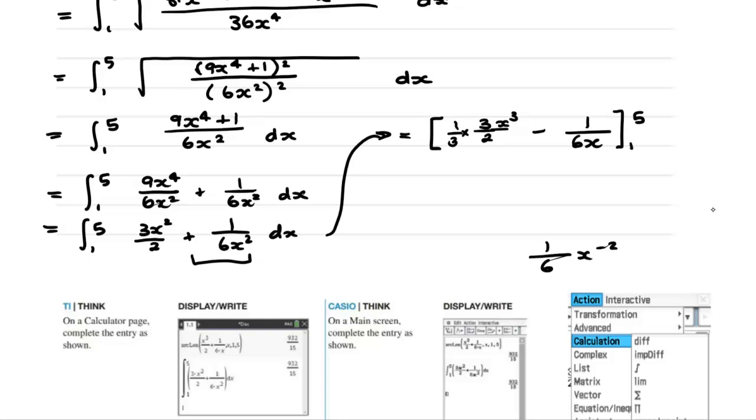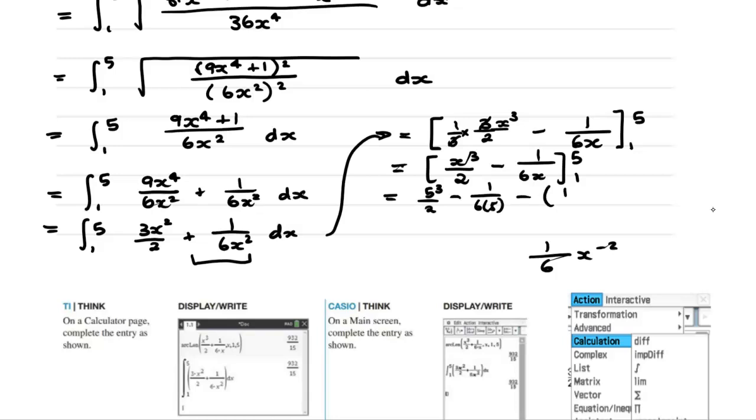So, simplifying things down a bit before we substitute, x cubed over 2 minus 1 over 6x. Now we're going to sub in that 5 and that 1. So that would become 5 to the power of 3 on 2 minus 1 over 6 times 5, minus 1 cubed over 2 and then minus 1 over 6 times 1.